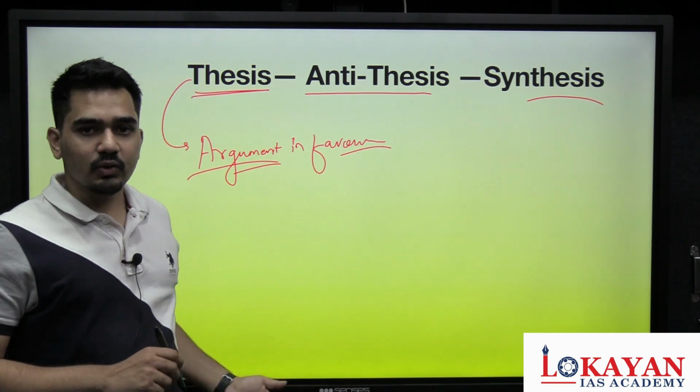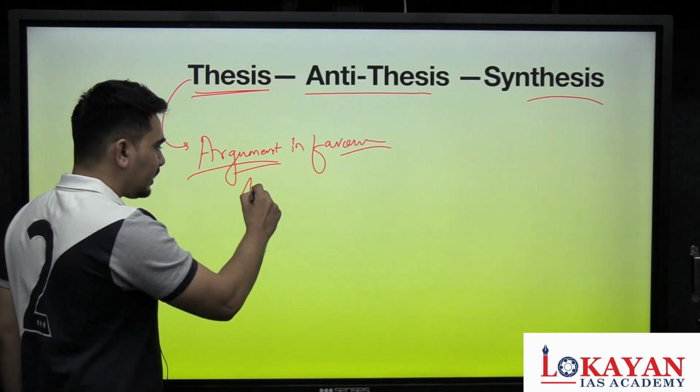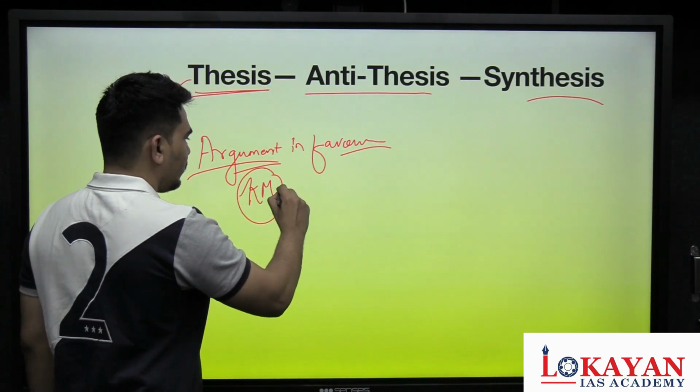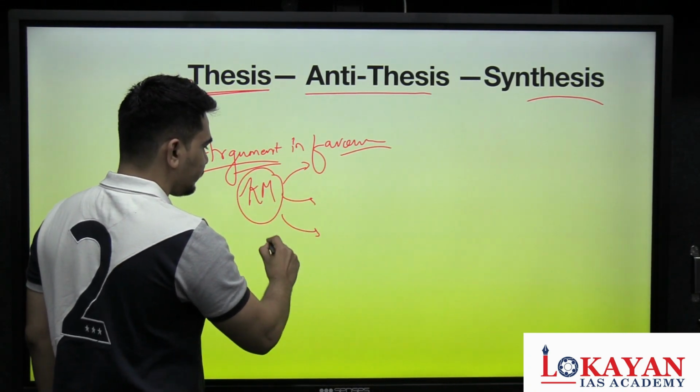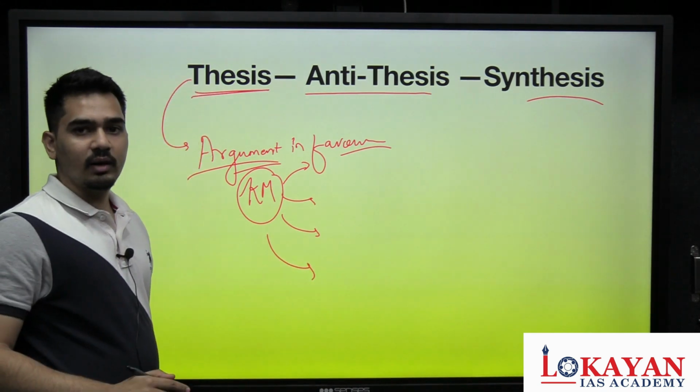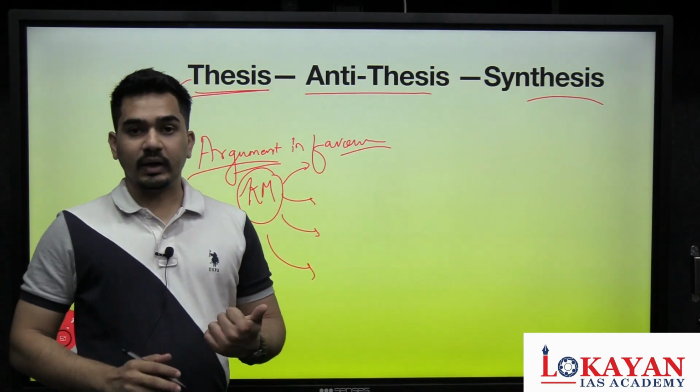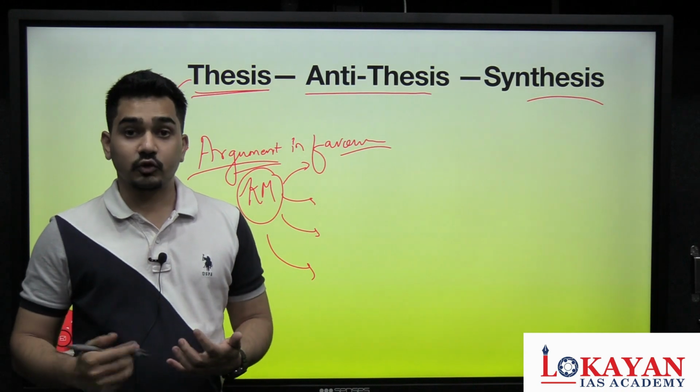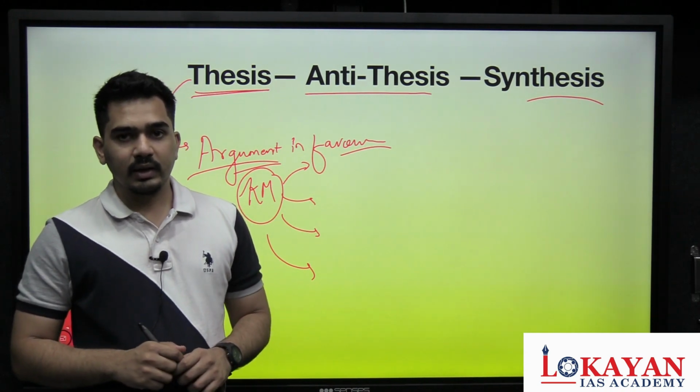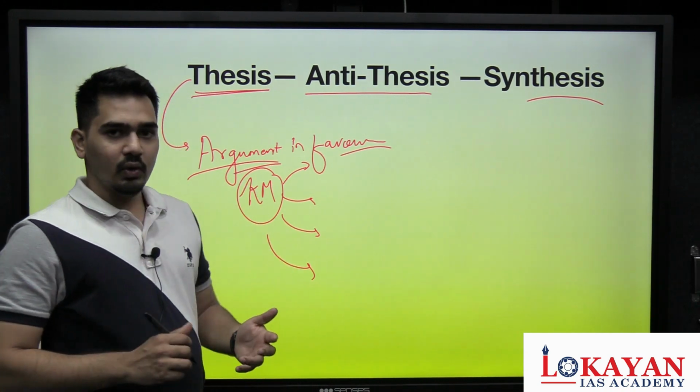Once you start to agree with the topic, you can again use the knowledge matrix to find various dimensions in which the argument given, that is the topic of the essay, is true. So this is how you write a thesis.